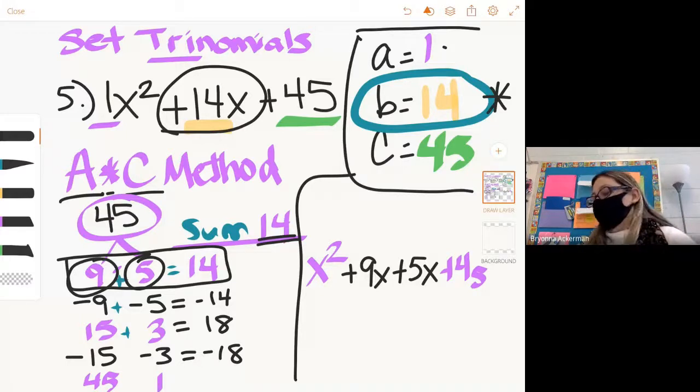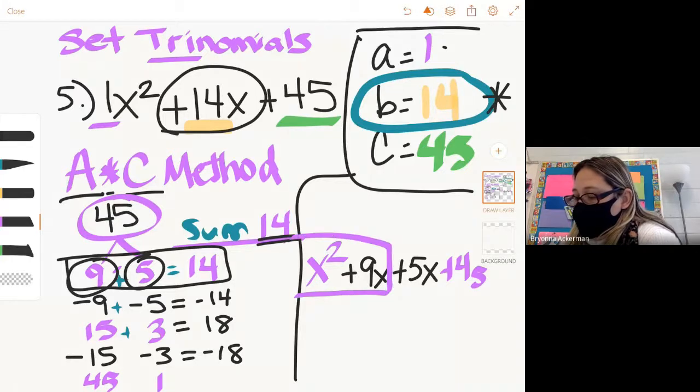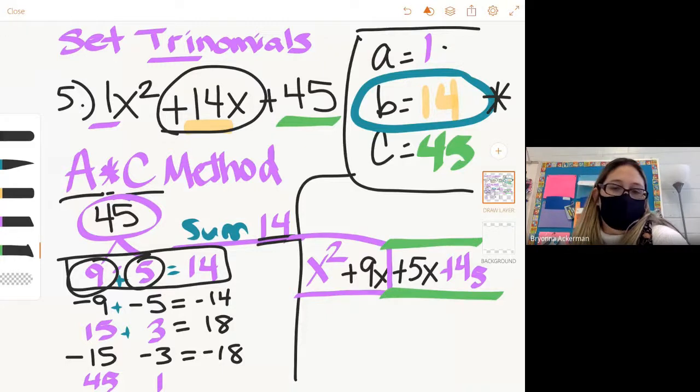All right. Now we're going to separate this into two pieces. Okay, so we're going to take the first part and the second part. We're going to make two little pieces. And we're going to take the greatest common factor out of each piece. Okay?